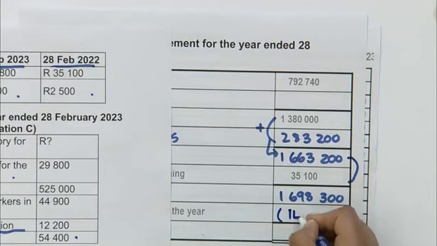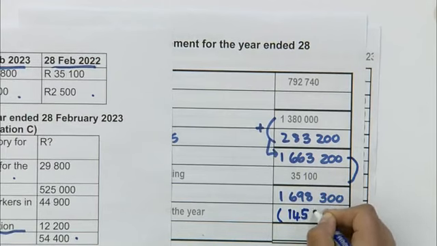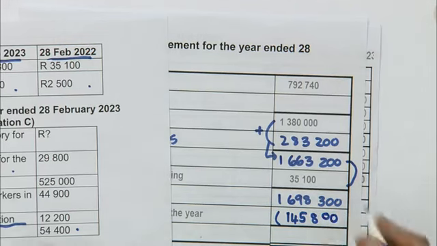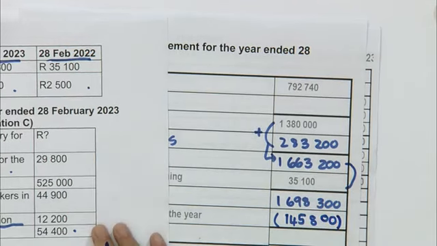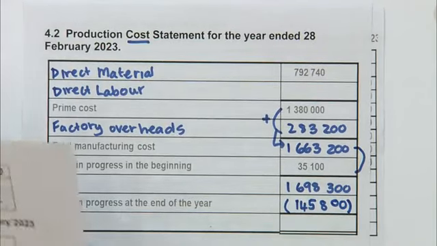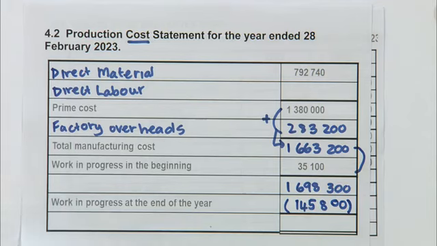So we're going to say 145,800. Great stuff. So that we're going to subtract, okay, because we did not complete it, and therefore we are going to subtract it. Right, there's no other information given to us regarding anything.